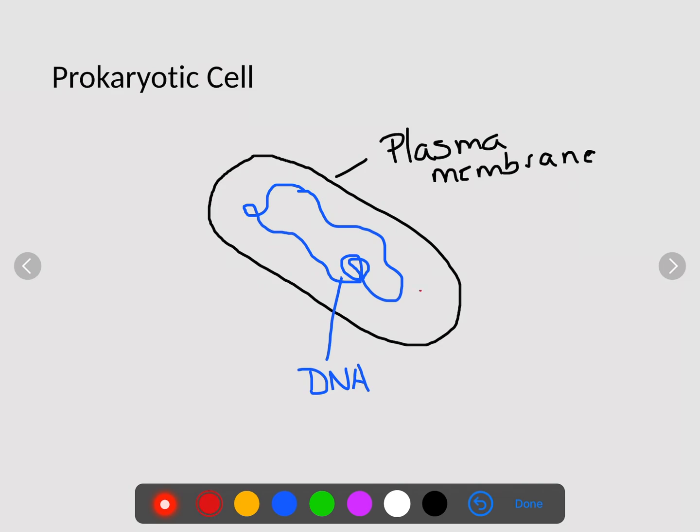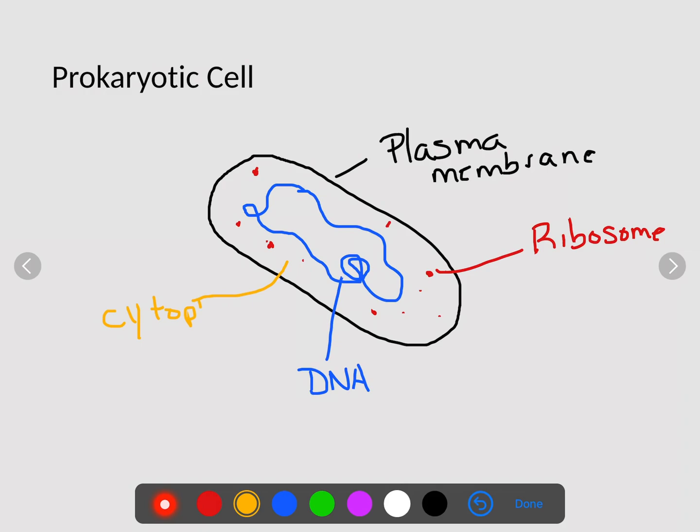We also have ribosomes. And ribosomes, again, is the site of protein synthesis. And these ribosomes are kind of floating freely in this liquid called the cytoplasm. So all of this space here, all of that is liquid.